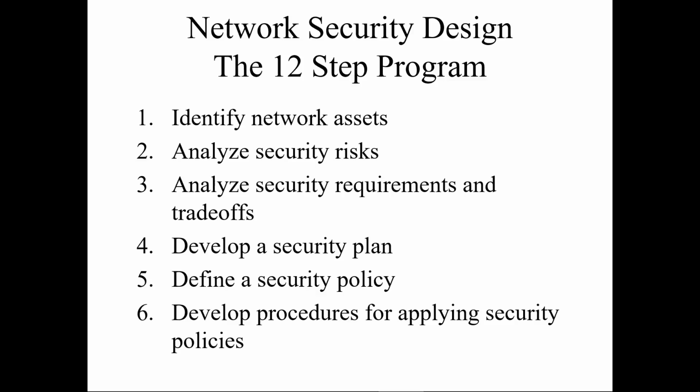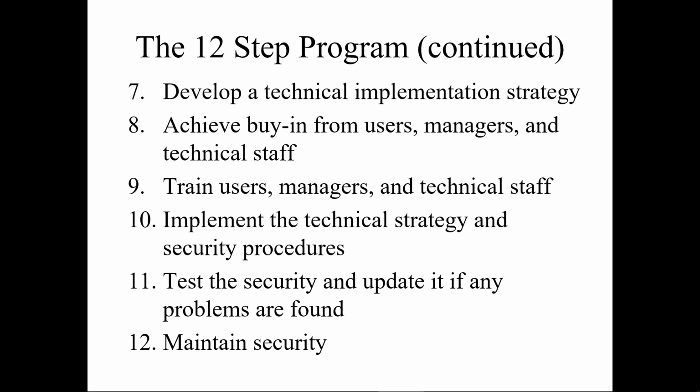Once we have a security plan in place, we can start thinking about defining individual security policies. Develop procedures for applying those security policies. 7, develop a technical implementation strategy. Just because we have a security policy and strategy doesn't mean that we're going to have the feature set to install the technical components of that security program.